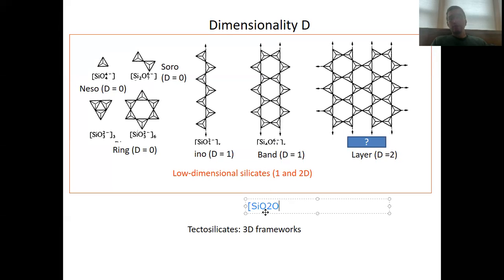I don't know how to produce a subscript here, so please forgive me for that. So that is 2 minus.